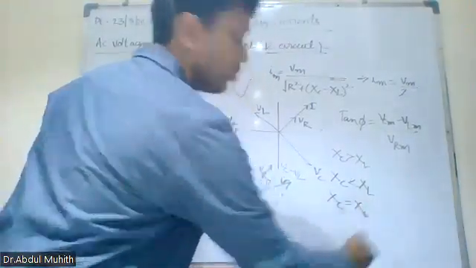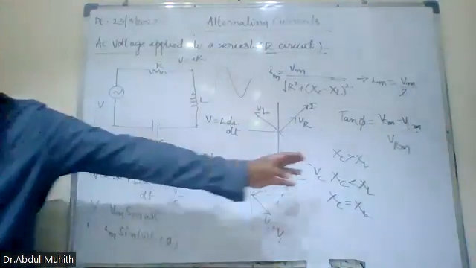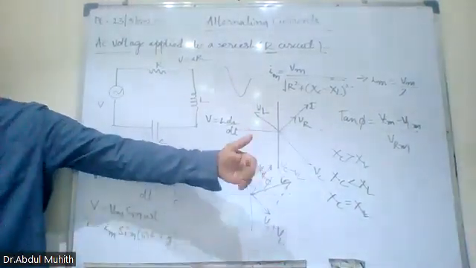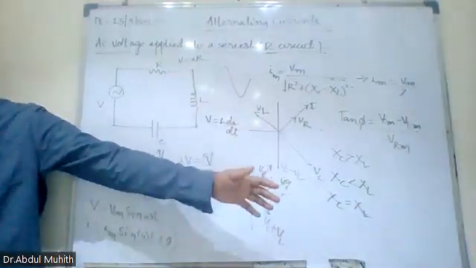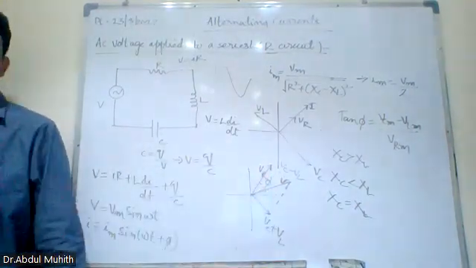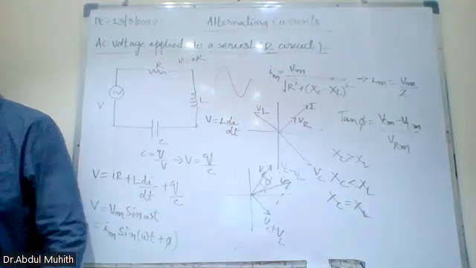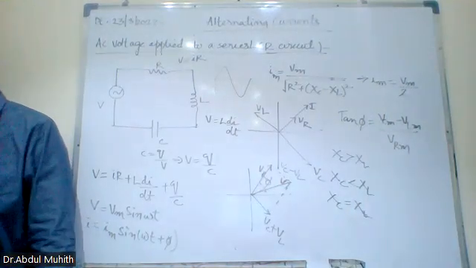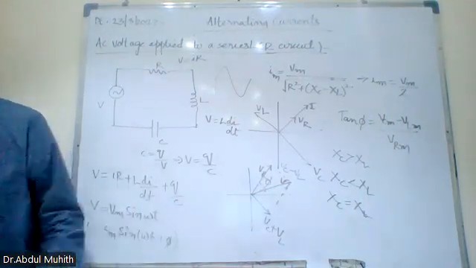It is said to be a resonance circuit. If XC is greater than XL, we say capacitive circuit. If XC is less than XL, inductive circuit. If XC equals XL, then we say it is a resonance circuit. The circuit is in resonance now. Understood? This is the capacitive circuit.